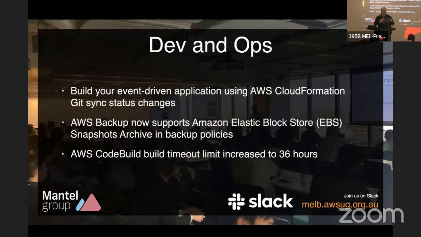Surprisingly, it gets a whole lot of backup related features before AWS Backup. It's had this for a while, so I've been waiting for it to come to AWS Backup. So that's great. And CodeBuild timeout limit has now been increased to 36 hours.